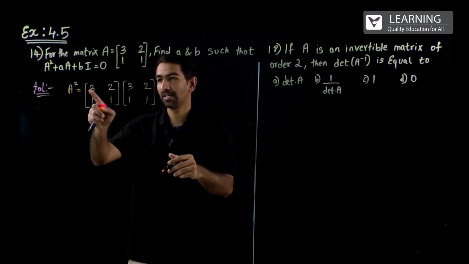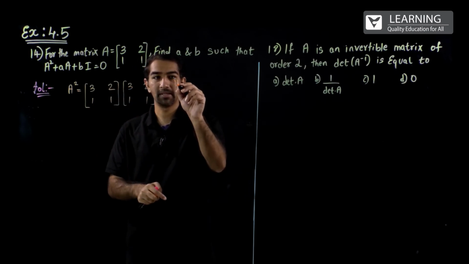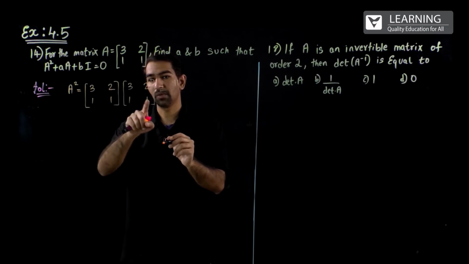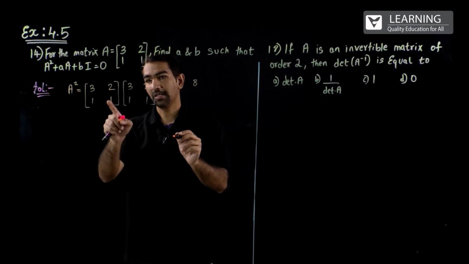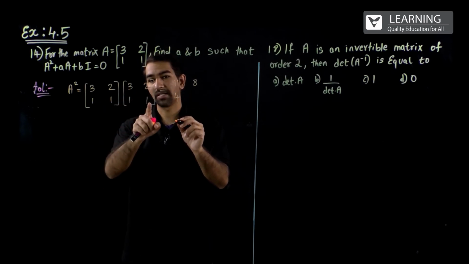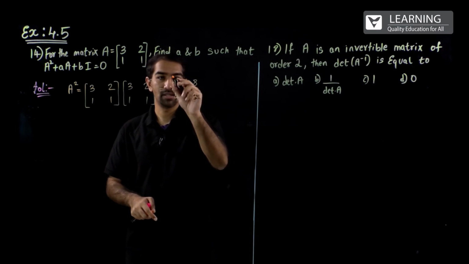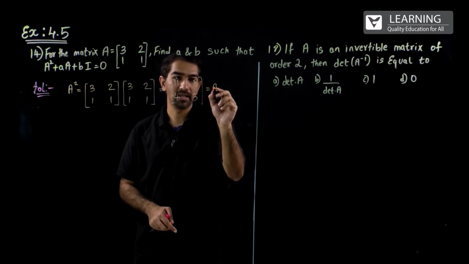Hope you remember this. So 3 3s are 9, 2 1s are 2, 9 plus 2 is 11. 3 2s are 6, 2 1s are 2, 6 plus 2 is 8. 1 3s are 3, 1 1s are 1, 3 plus 1 is 4. 1 2s are 2, 1 1s are 1, 2 plus 1 is 3. So what we got here is 11, 8, 4, 3. This is our A square.